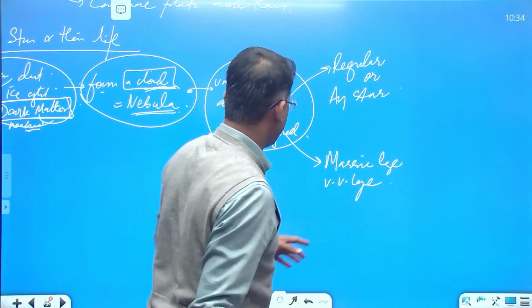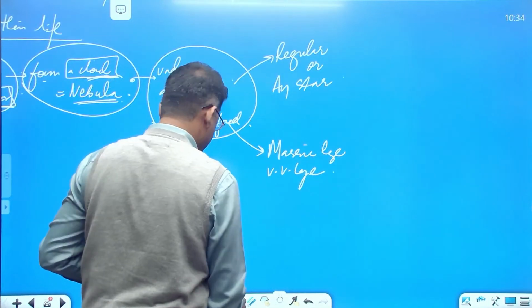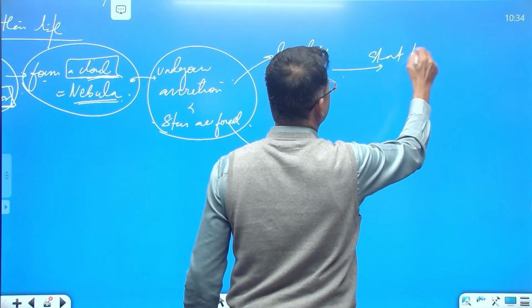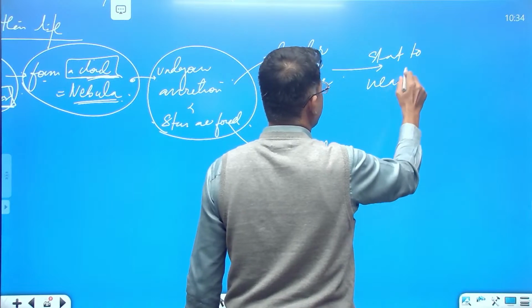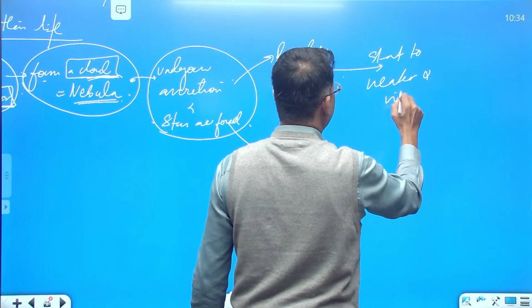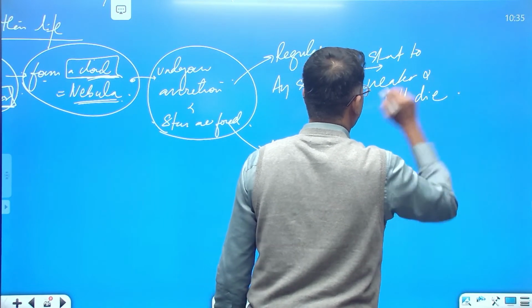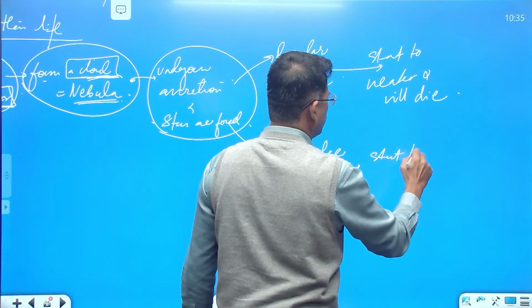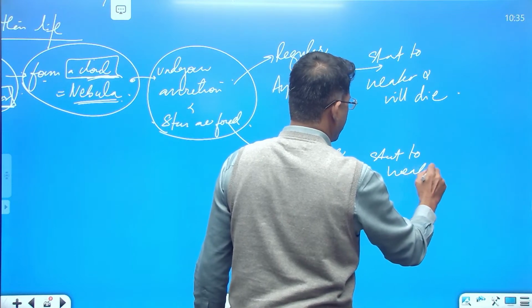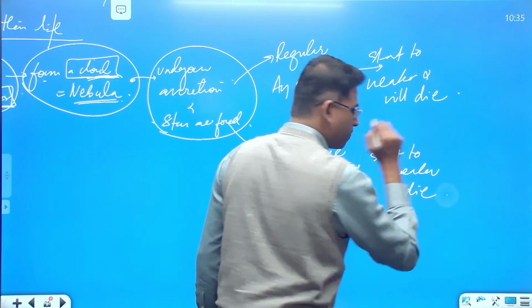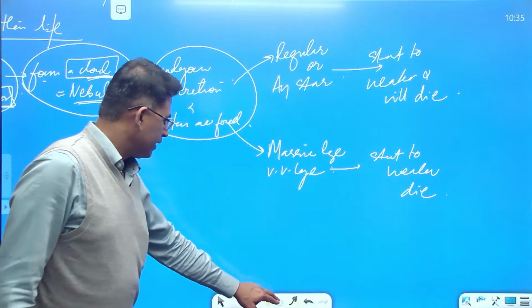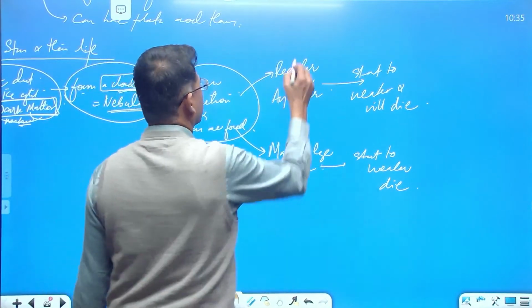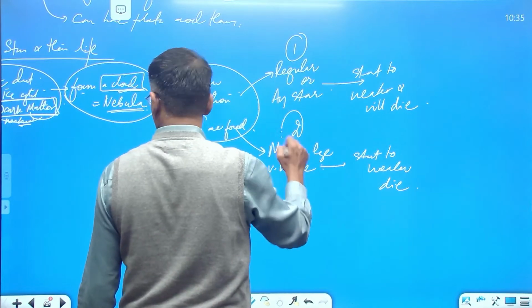Now this star will ultimately start to weaken and will die. This also will start to weaken and will die. अगर regular star है, so say case 1 and case 2.